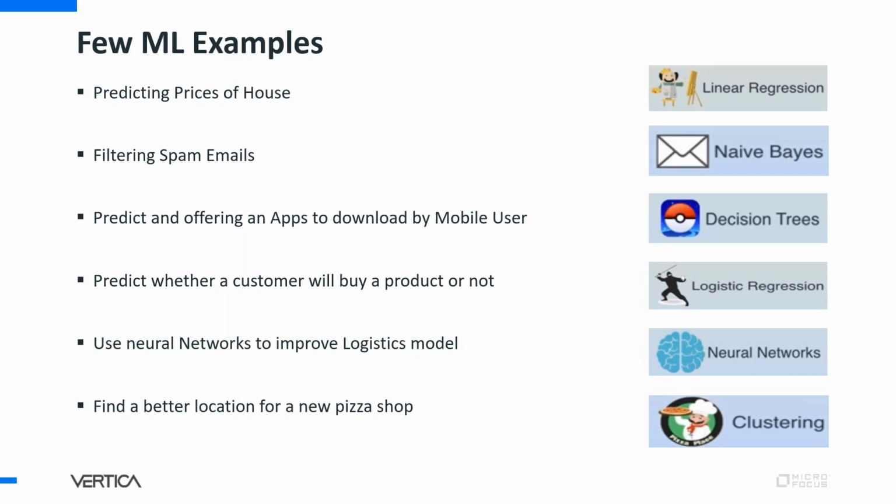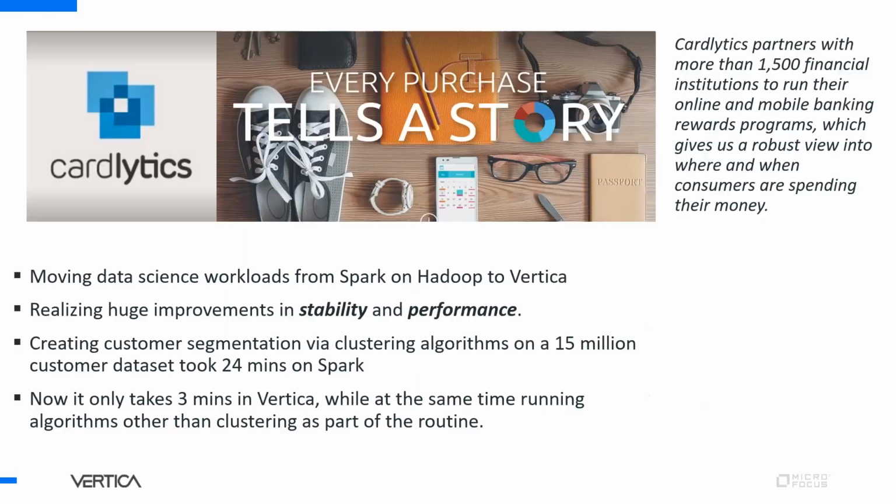A few examples I would like to give you of how machine learning helps end customers. These are very common examples. Say you want to predict the price of a house based upon certain data points you already have.